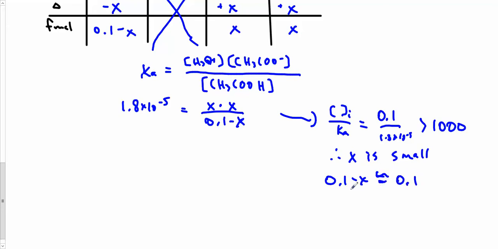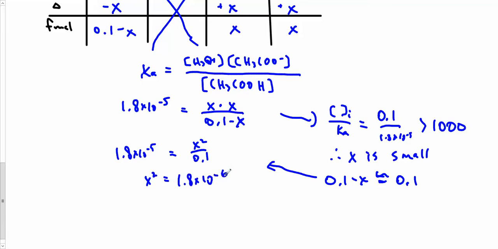So remember on a test, this is going to be worth a mark. 1.8 times 10 to the minus 5 is equal to x squared over 0.1. X squared is equal to 1.8 times 10 to the minus 6. X is the square root of 1.8 times 10 to the minus 6. And I'm going to get a value here for x.